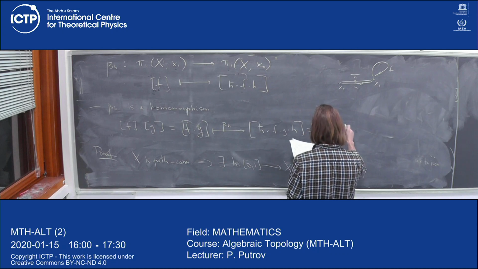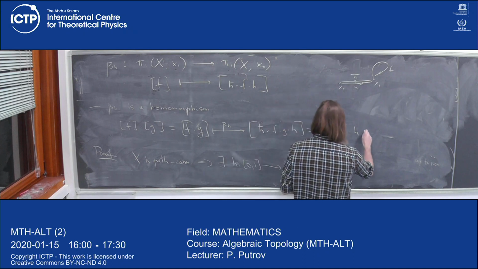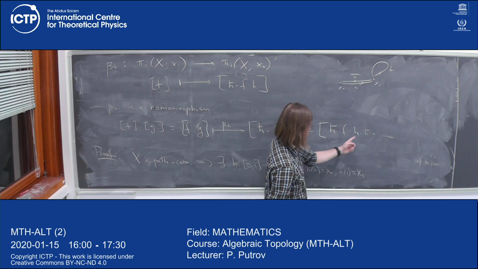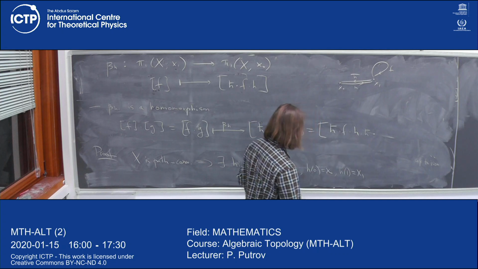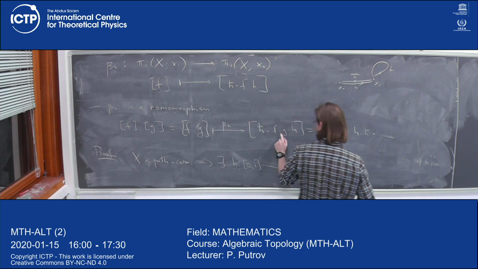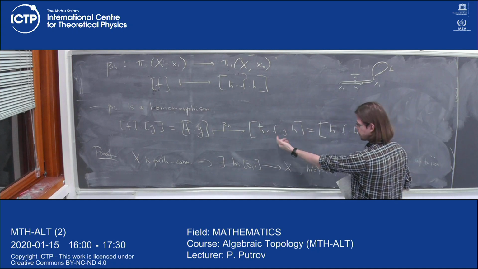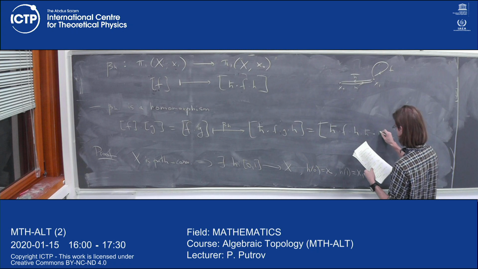And then I can use the fact that the composition of h and h bar is homotopic to a constant map, and as we saw, the composition with the constant map is homotopic to the original map, so I can insert it and do manipulations like this.